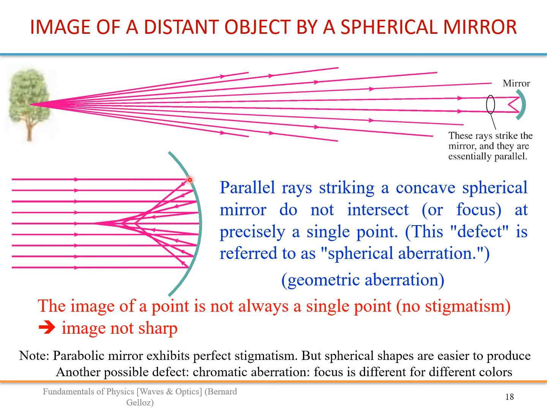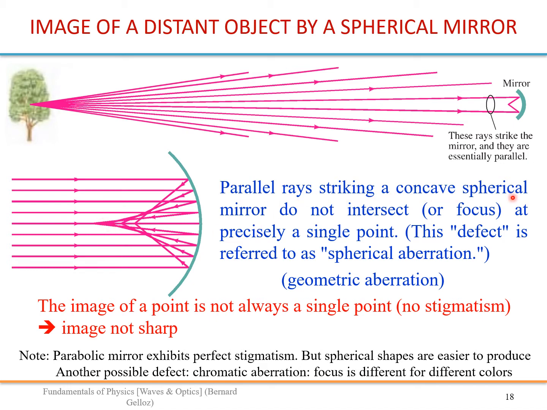Far from that optical axis we have intersection here with that one, for example. This one is reflected in the same direction as the incident. And for example, one close to the optical axis, this one will intersect there. So there is a whole range of what we call focus points.